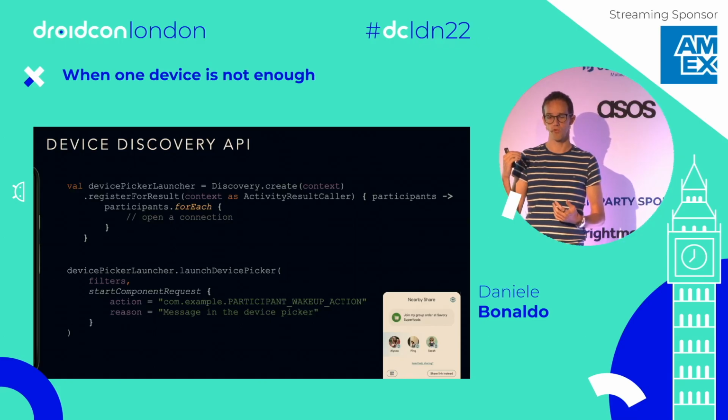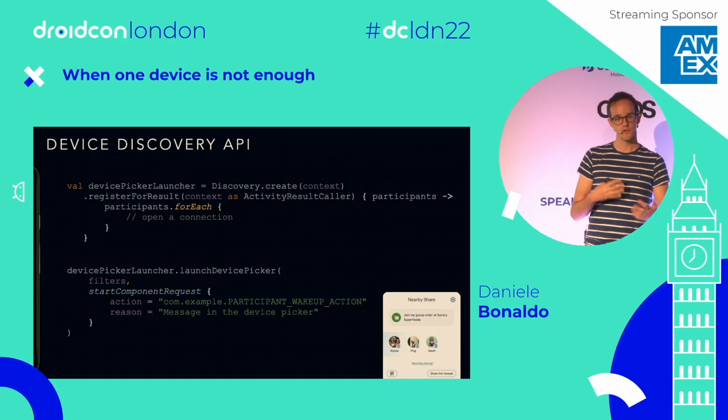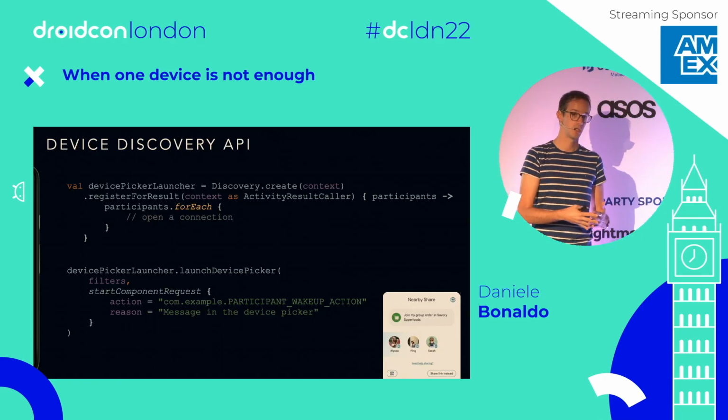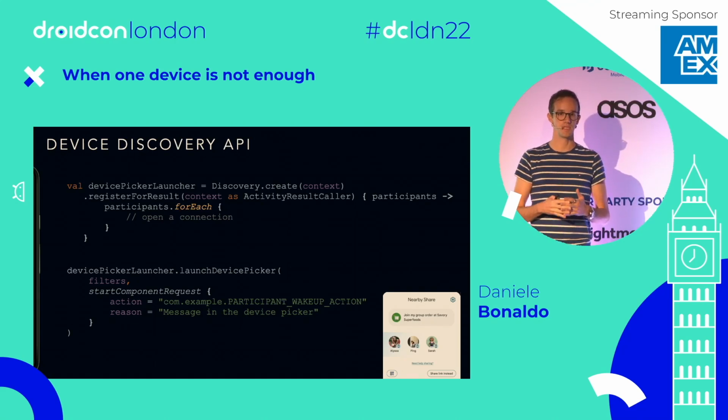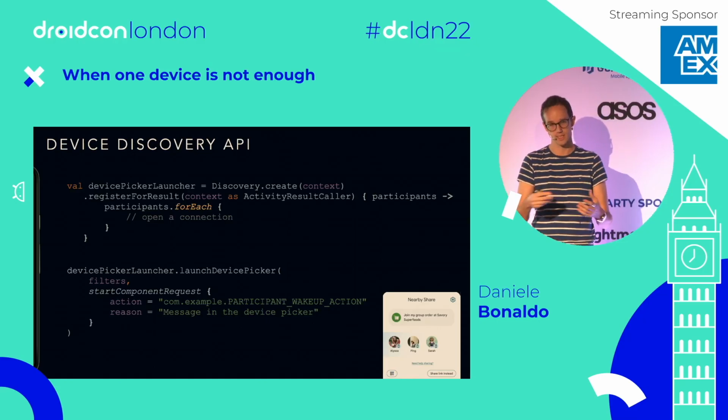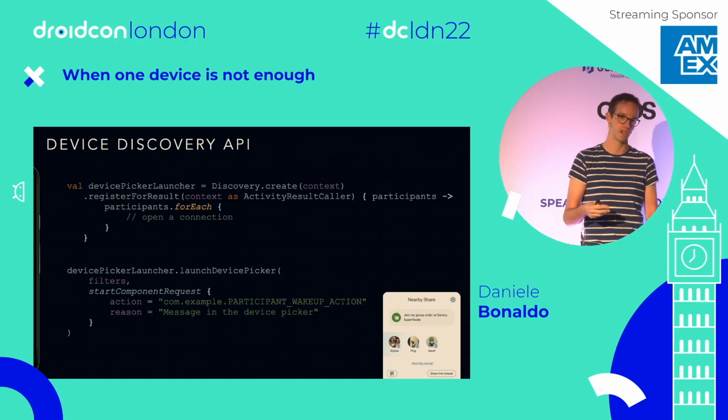So when the user selects one of these devices that are shown in the panel, your app is going to start on that other device. If the app is not installed, at the moment nothing is happening. But in the future, Google is going to integrate this SDK with the Google Play Store so that even if the app is not installed, it could be installed automatically in the background and launched as soon as it's installed. So this should allow us for a seamless transition between one device and another one.